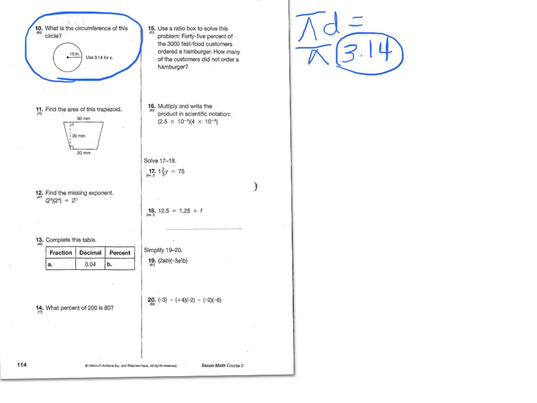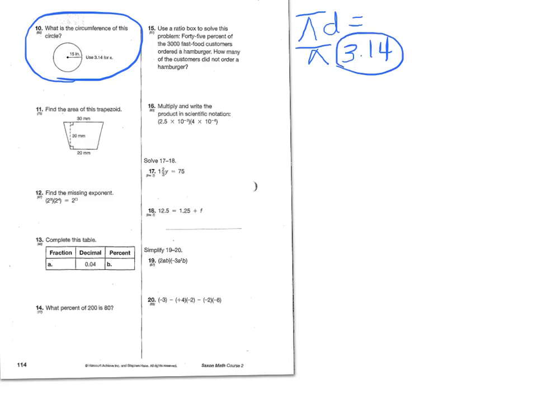Now we're going to take a look at circumference. This is actually on the back side of the review. You have to remember the formula for circumference, which is pi times d. In this case, we're going to use 3.14 for pi.